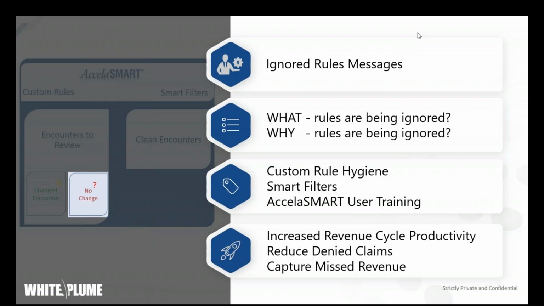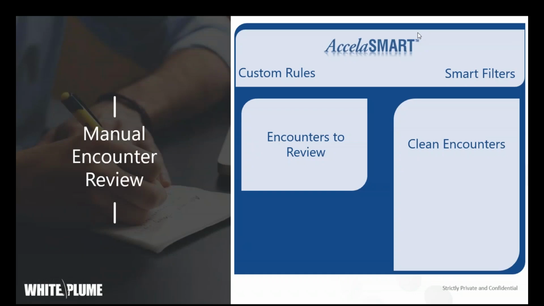So let me flip over, and we're going to look at the other side of the equation here for just a minute. On example number 2, we're looking at manual encounter review. A lot of our clients, from our polling data, maybe close to 50% of those of you that are on the phone today may have a significant opportunity on this half of the AccelaSMART equation.